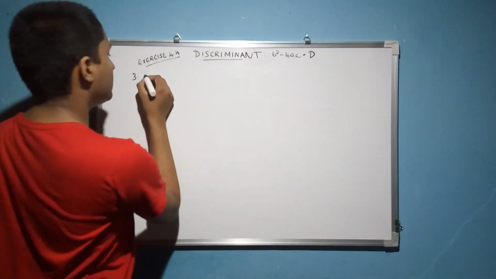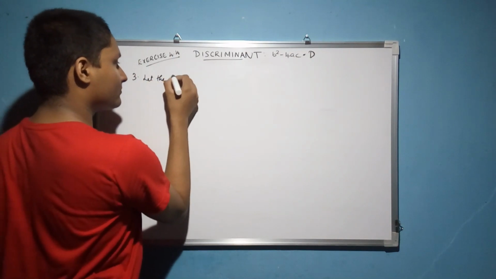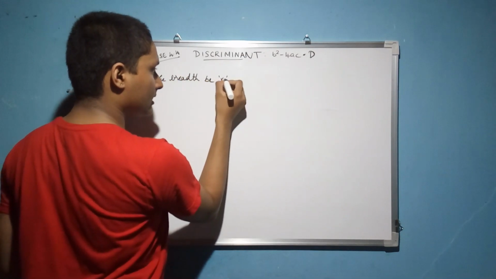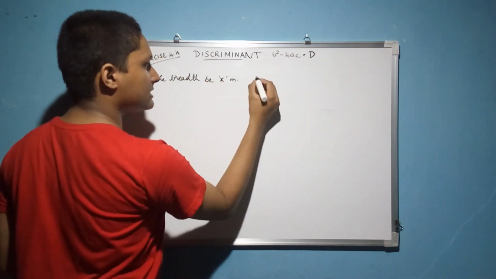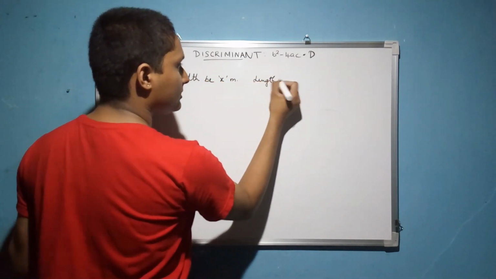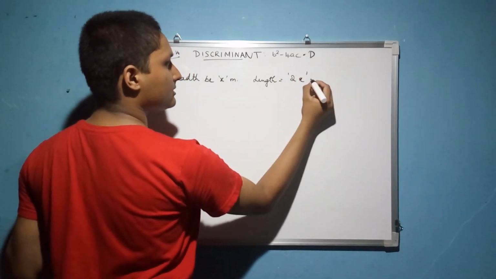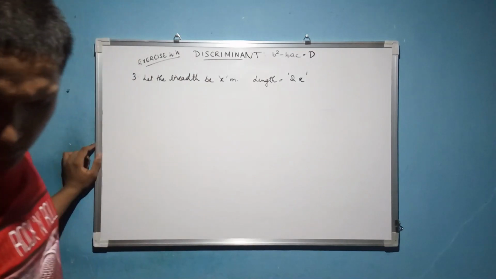Let the breadth be x meter. Since it is given that length is twice the breadth, it is going to be 2x meter.